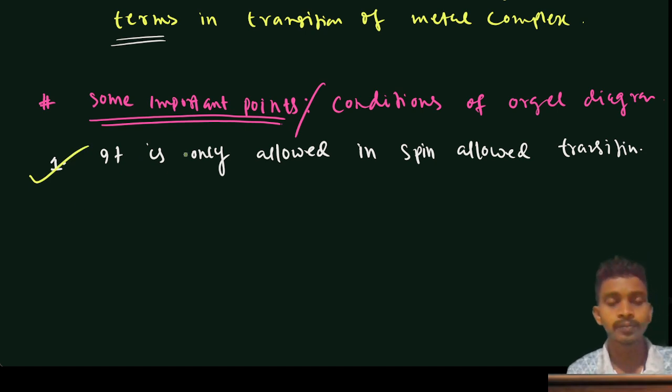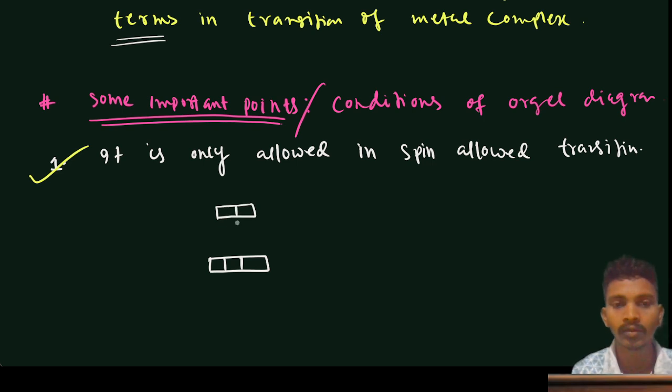Okay, so let's say we have electrons like 1, 2, 3, 4 and 5.